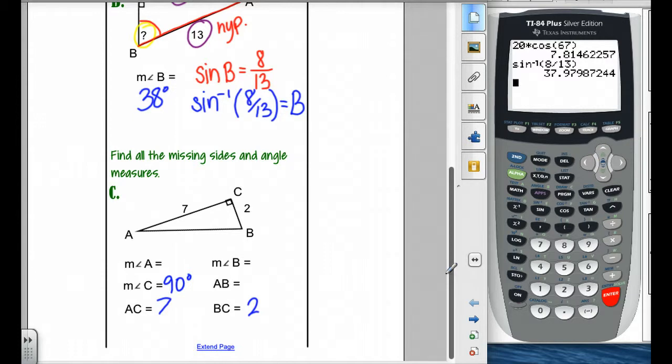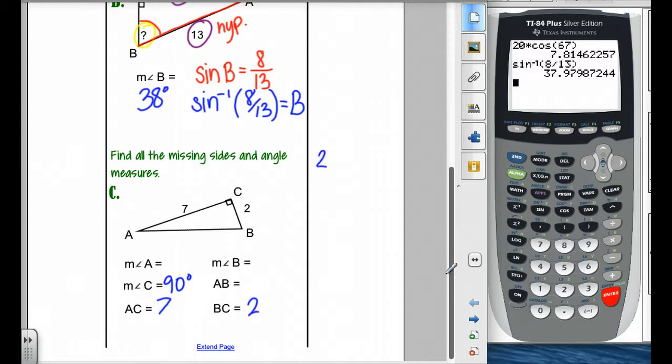To find AB, I can do it one of two ways. The ideal way is to use the Pythagorean theorem. Otherwise, you can find one of the angle measures and then find it. But I'm going to use the Pythagorean theorem.